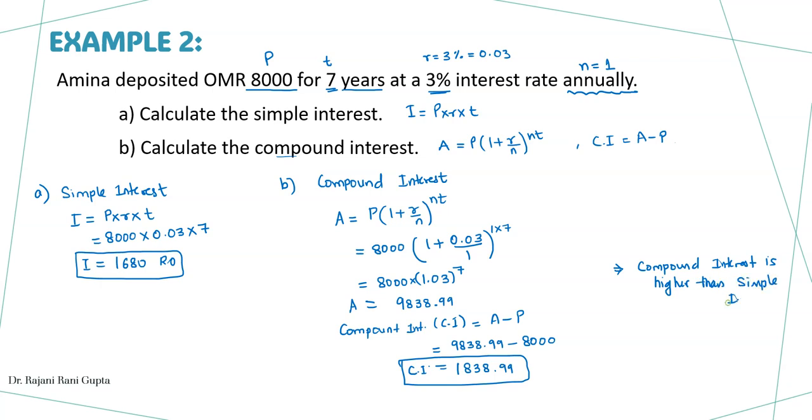And suppose they ask what Amina will choose, simple interest or compound interest, again the obvious answer will be compound interest as it is more.